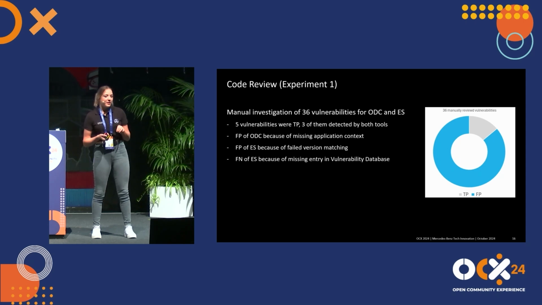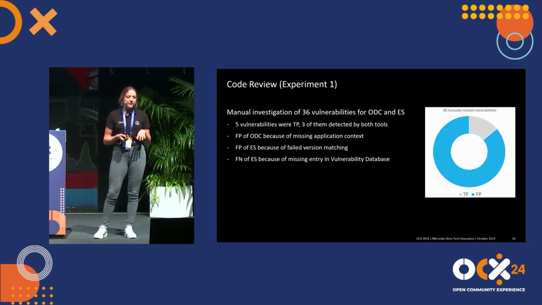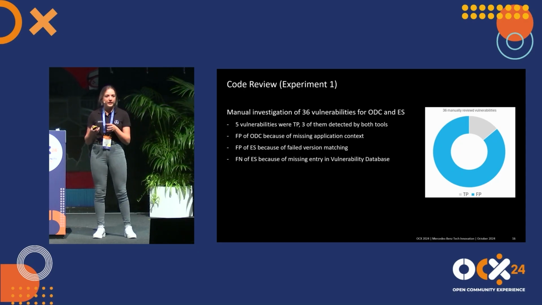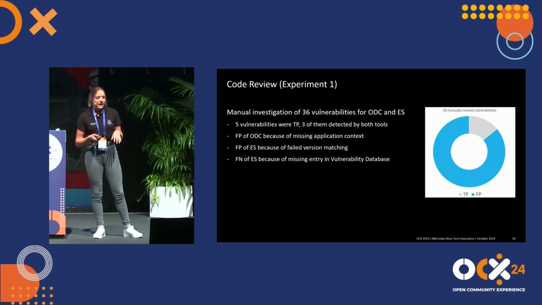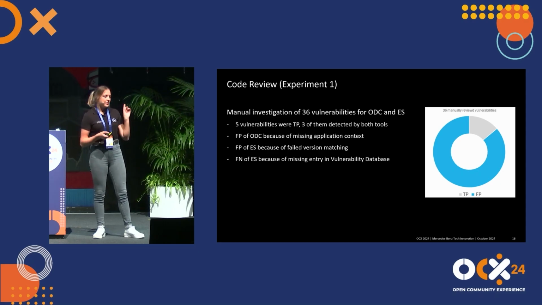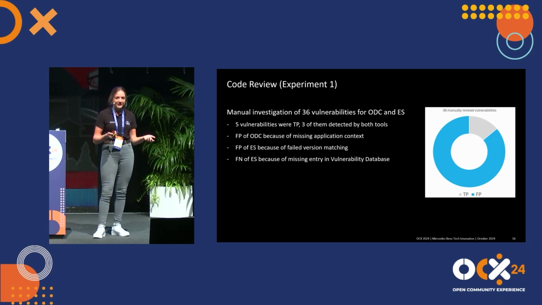And the false positive of Eclipse Steady comes from a failed version matching, which means it actually detected the correct version of the library used, but it delivers vulnerabilities that belong to an older version of this library. And the false negatives, like we noticed from the graphic before, are that Eclipse Steady could not detect all the vulnerabilities that OWASP Dependency-Check does. This results because Eclipse Steady's database is missing the vulnerability information. Where there is no information, there cannot be anything detected.